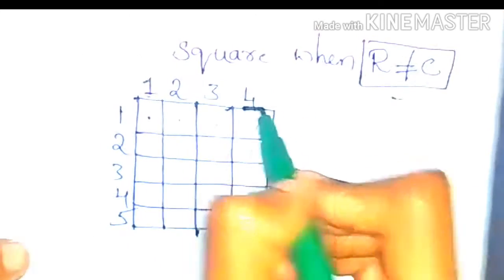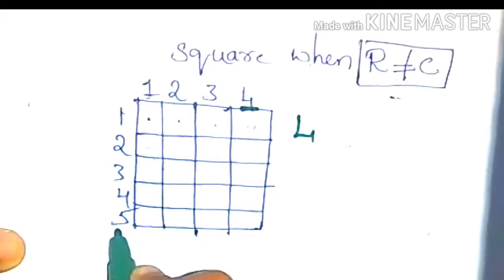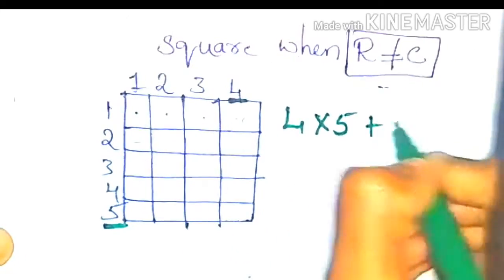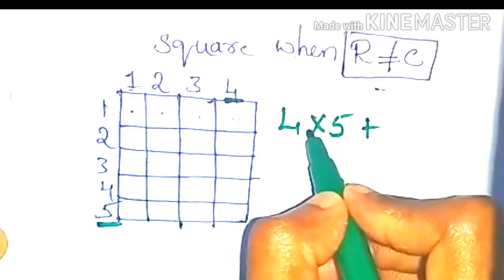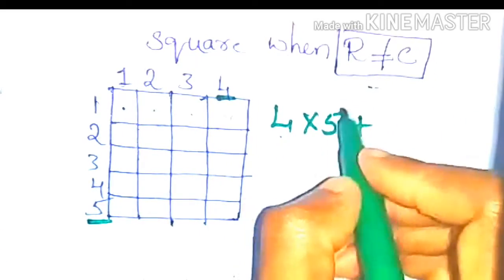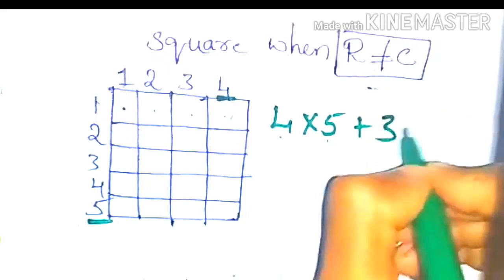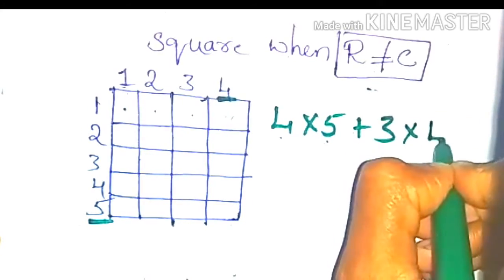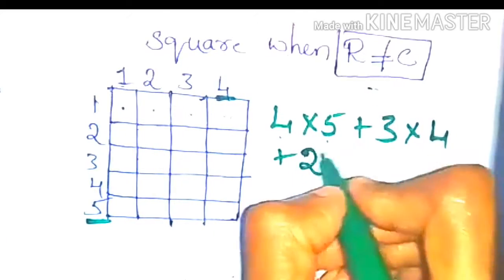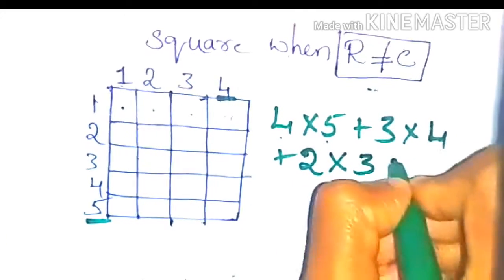Take the highest from the columns, that is 4, and the highest from the rows, that is 5. Now subtract 1 from each of these two terms: from 4 subtract 1, that is 3, and from 5 subtract 1, that is 4. Next, from 3 we get 2, and from 4 it is 3.